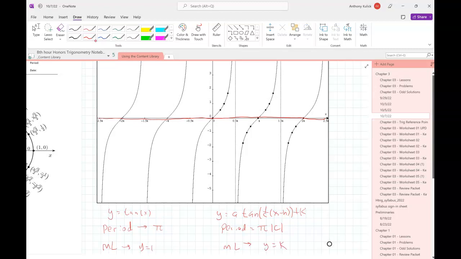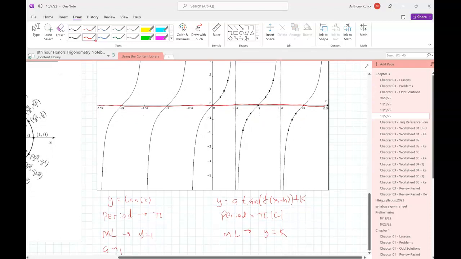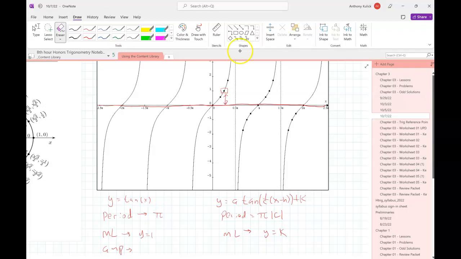And the amplitude, go back to that conversation we were trying to have a minute ago. We don't really have an amplitude, right? But that a coefficient still is affecting something. This is what it's affecting. It's that distance. That point is between the midline and the asymptote, like halfway.